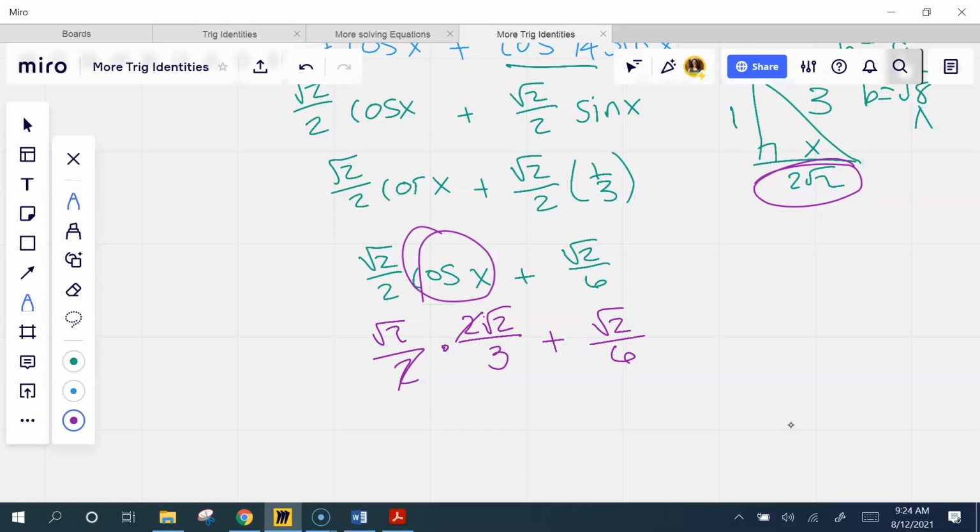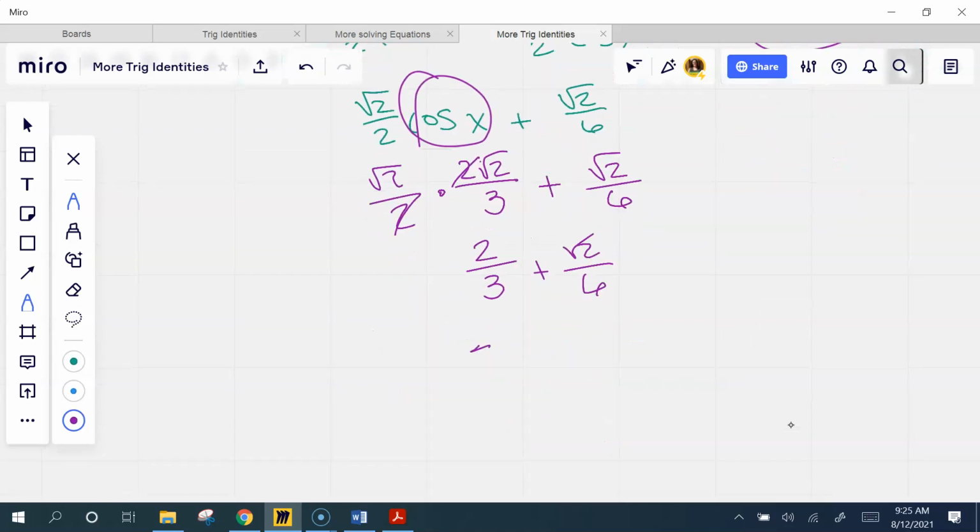And the square root of 2 times the square root of 2 is 2. So I have 2 over 3 plus square root of 2 over 6. 4 over 6 plus square root of 2 over 6, which is 4 plus root 2 over 6. That answer is one of your choices.